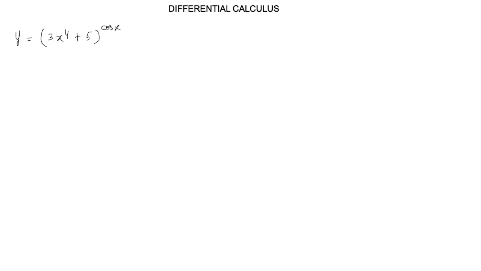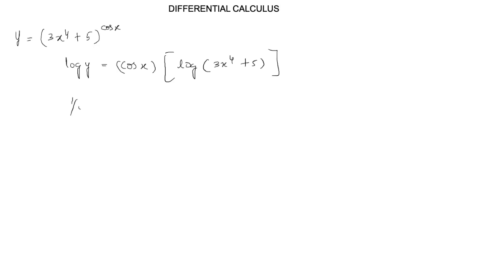Okay, let us look at another problem. So again, taking logarithms on both sides of the equation, log y is equal to cos x multiplied by log of 3x to the power of 4 plus 5, right?